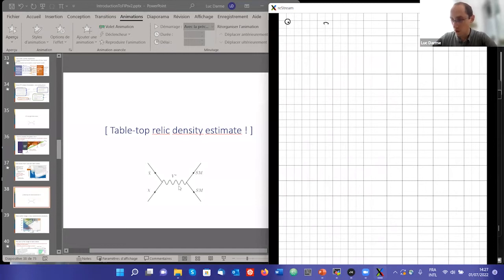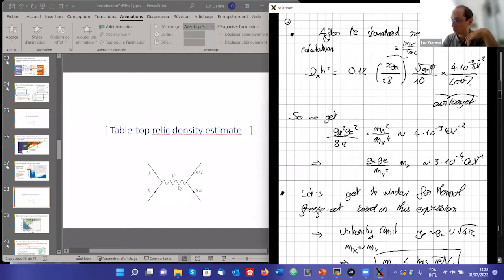So now suppose that the mediator is something that we know, meaning that it's not a new particle. For instance, it's a Z boson. So if you have now m_V of the order of m_Z, which is typically 100 GeV, then it means that you are in a situation where if you get this thing here, you see that you put m_V into the other side and you are somewhere around the GeV^-1.